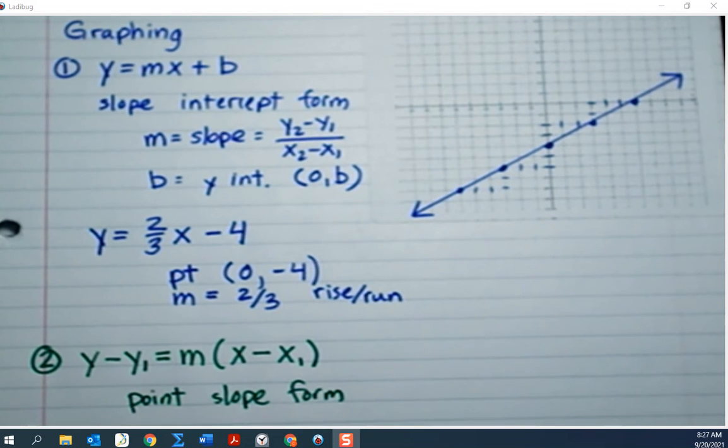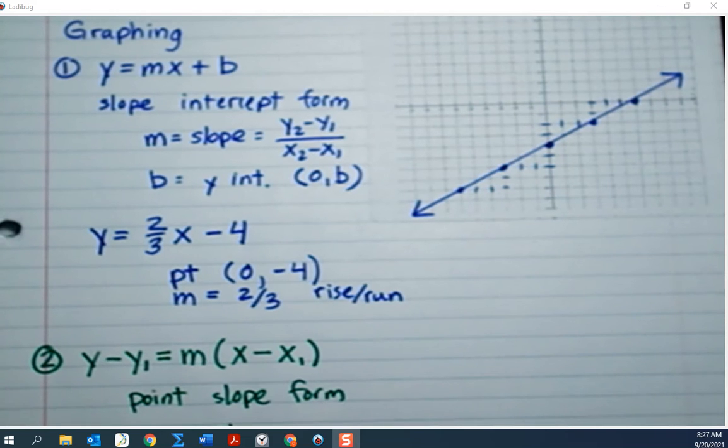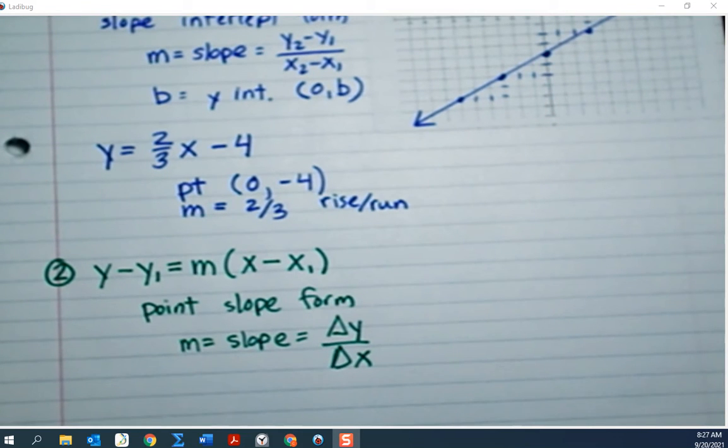In this particular case, m is still the slope. Sometimes we see slope as change in y over change in x. Still just the difference, right? Rise over run.